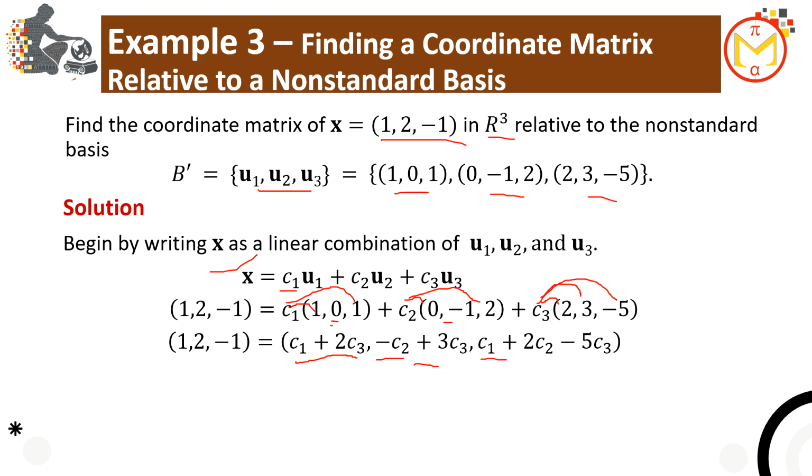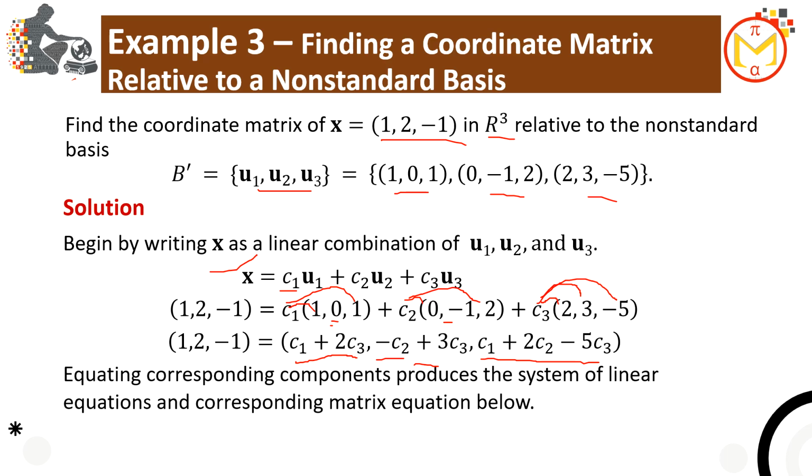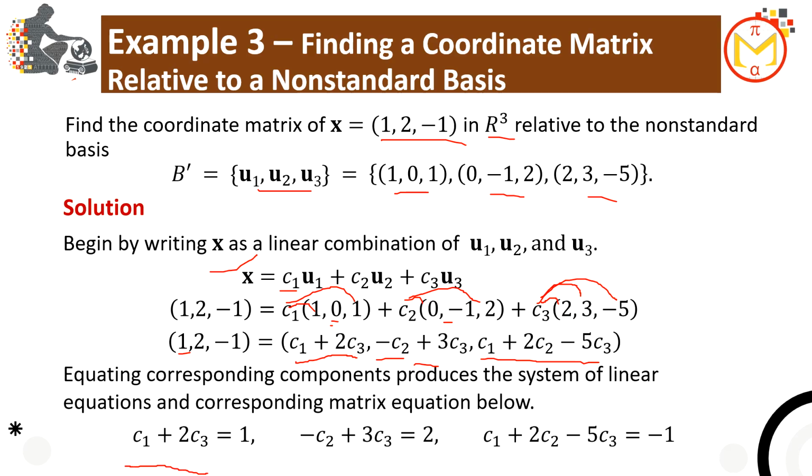Okay, and here is the result. So with this, we can create now the system of linear equations: the first component is equal to 1, that will give us the first equation, the second component is equal to 2, and the third component is -1.